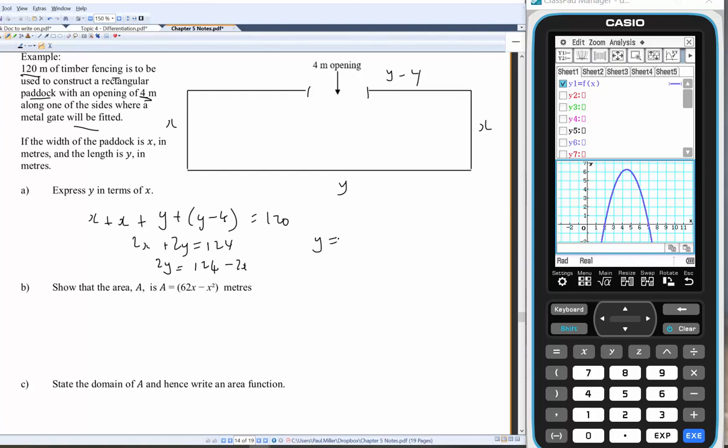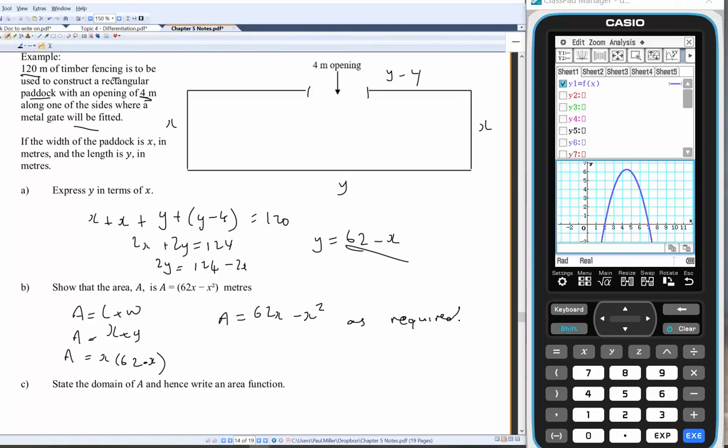Y is equal to 62 take x. Okay, area is length by width. Area equals x times y. We've got x, we multiply it by y, which we just found out is 62 take x, which equals, area equals 62x take away x squared, as required.